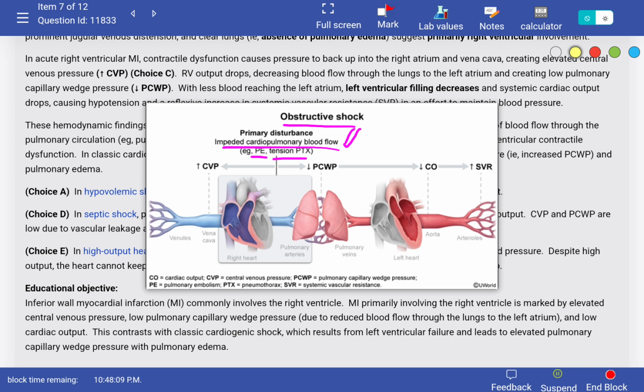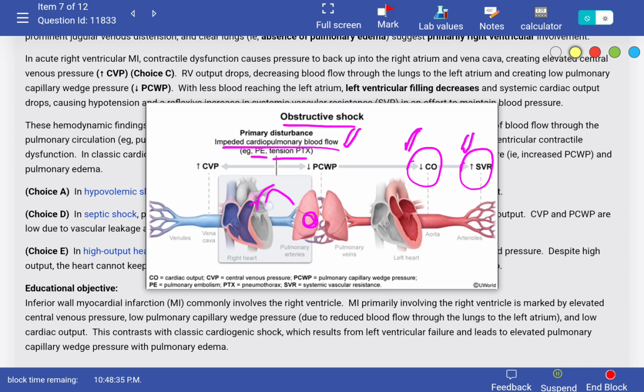So what would happen? There would be an increase in systemic vascular resistance, right? That would lead to decreased cardiac output, right? And what happens if, let's say, there is pulmonary embolism in the lungs, right? The embolus is in the lungs, so that will not let the blood flow into the left side of the heart, right?